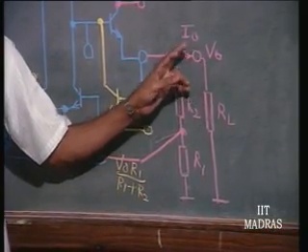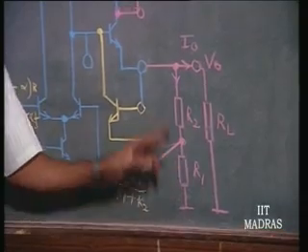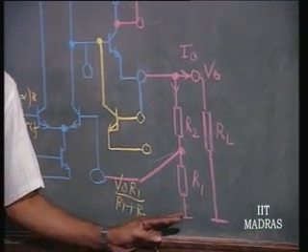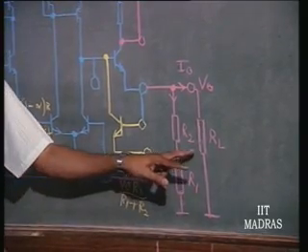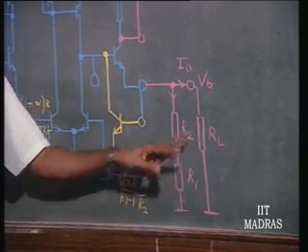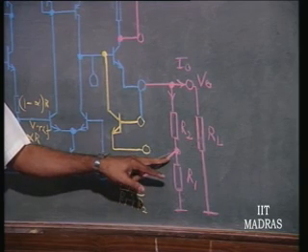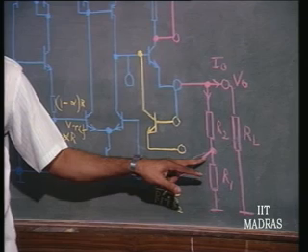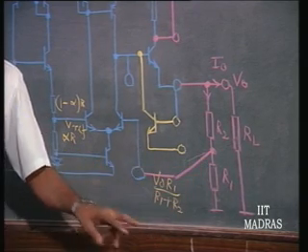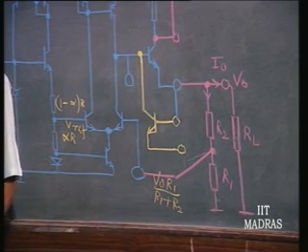This is only for sampling the output voltage, and this current should not be made too small, because otherwise you cannot assume V naught into R1 by R1 plus R2 as the voltage here. Unless that becomes the voltage here, we cannot equate it to V reference.